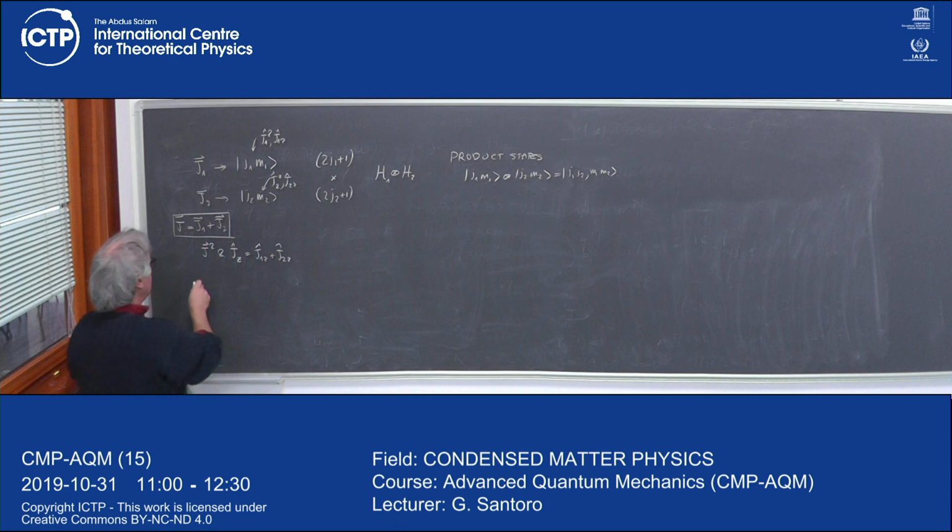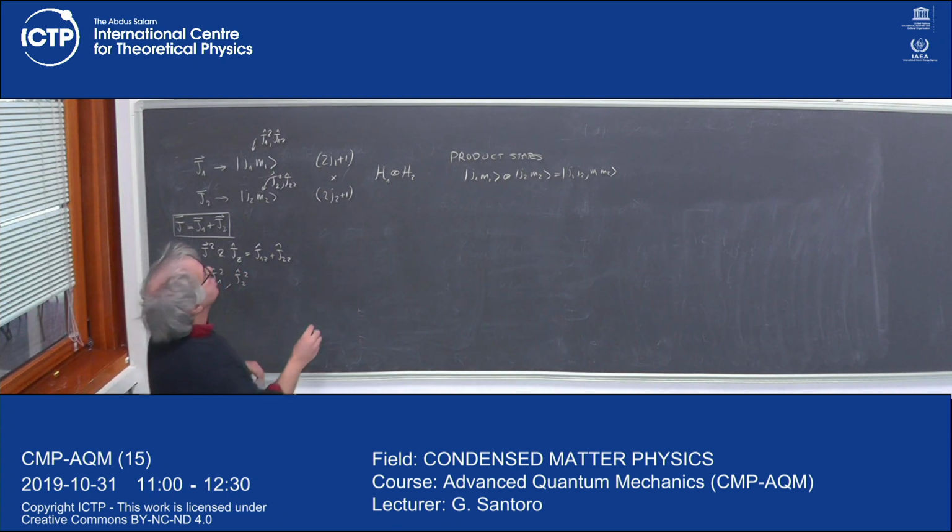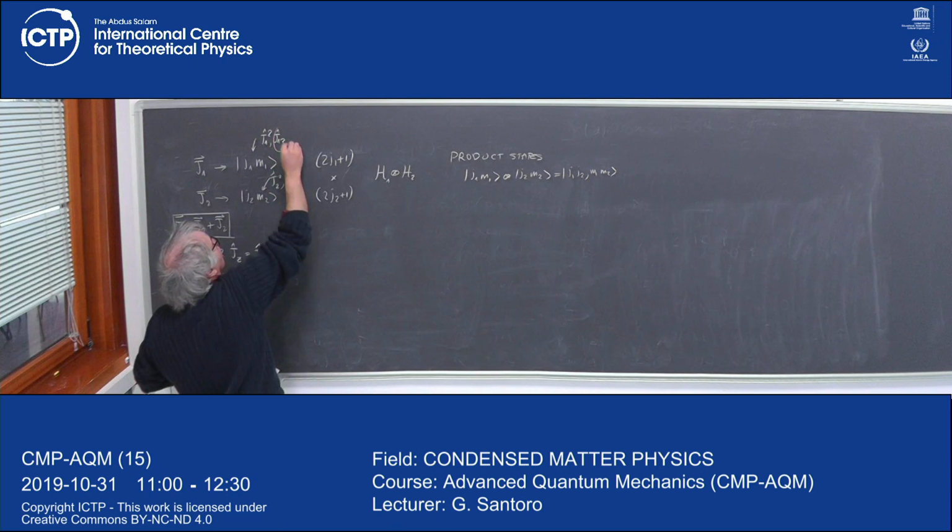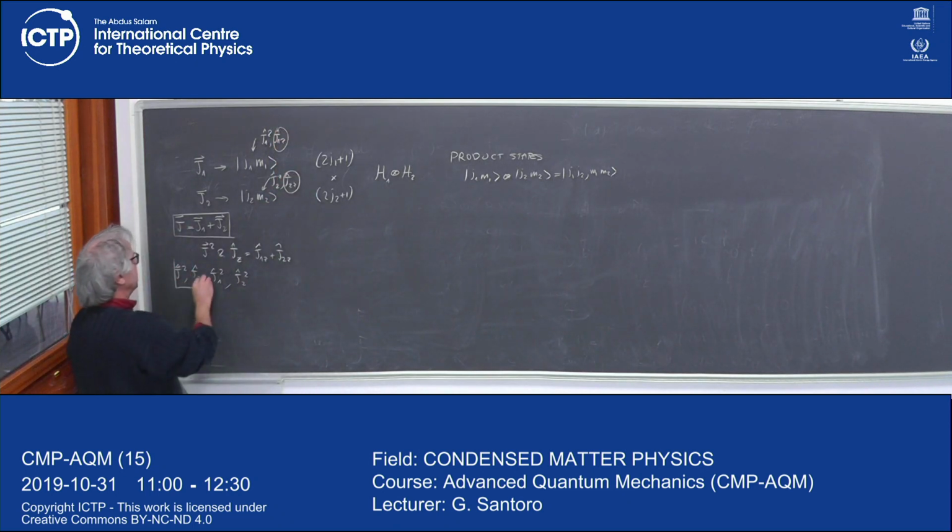Now I want to construct objects which will be eigenstates of J square, JZ, J1 square, and J2 square. In other words, I want to change these two objects with these two objects.